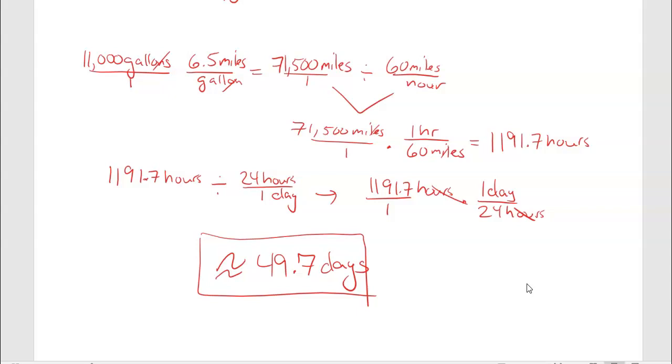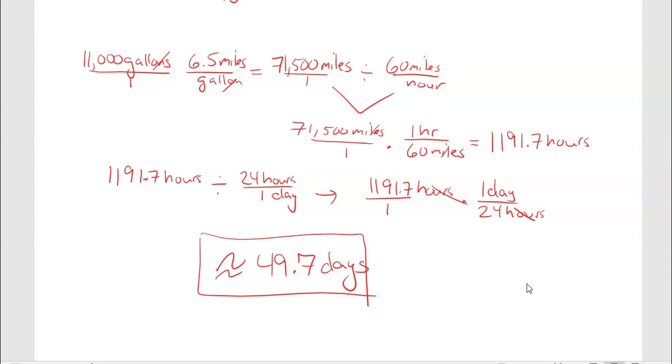1,191.7 hours. Now at that point, most of you guys probably just divided by 24, knowing there's 24 hours in a day. I went over and divided by 24 hours in one day, so basically, I went over and keep change flip, because when you divide fractions, you multiply by the reciprocal. I then had one day over 24 hours.